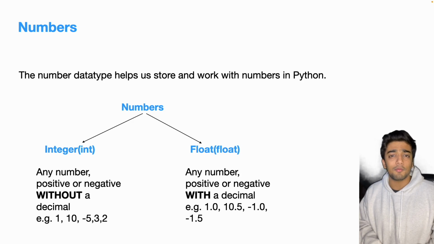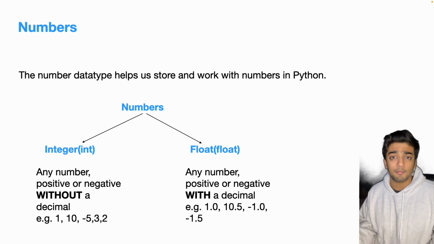A simple way to differentiate between an integer and a float: any number that is positive or negative that does not have a decimal belongs to the int data type, and any number that is positive or negative with a decimal belongs to the float data type.